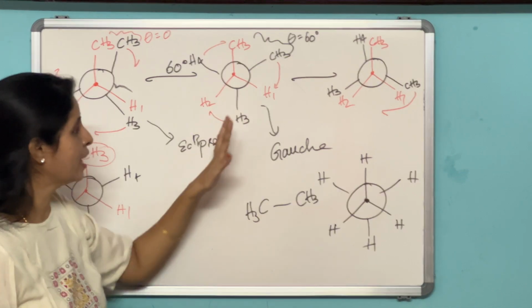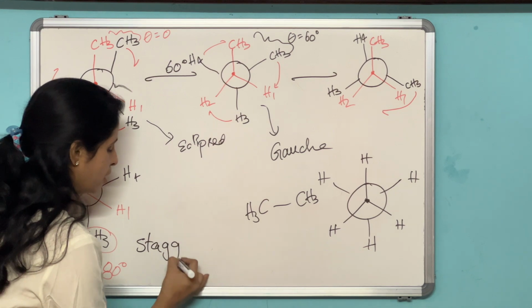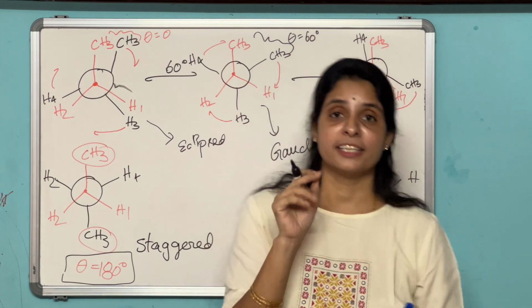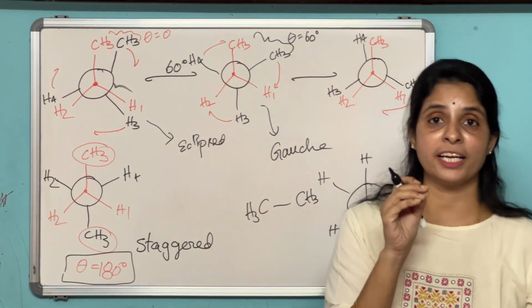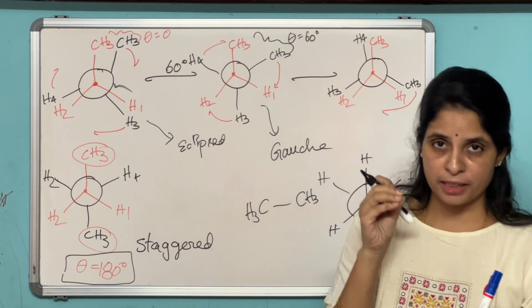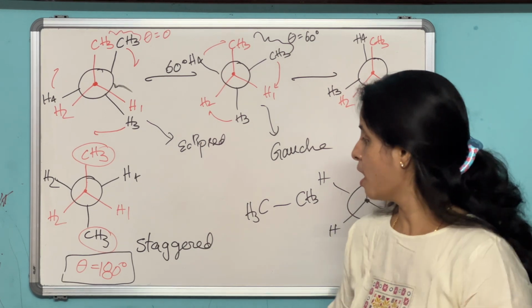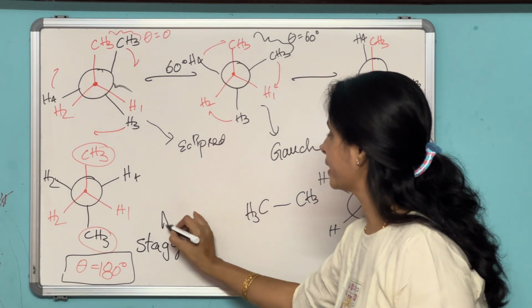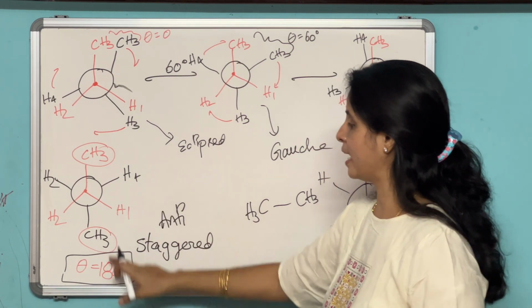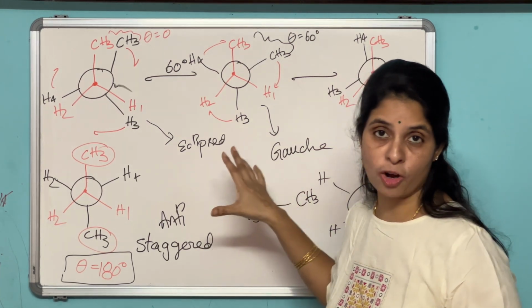So here it is the staggered conformation. In ethane, only the staggered form has a dihedral angle of 60. Otherwise, the staggered form we call an anti form, in which the dihedral angle is 180 degrees. Why is there no gauche form in the case of ethane?